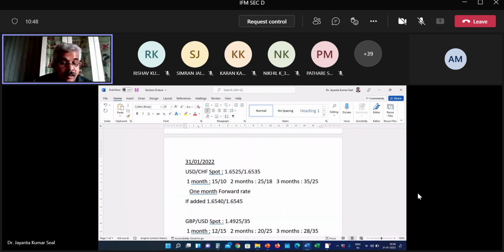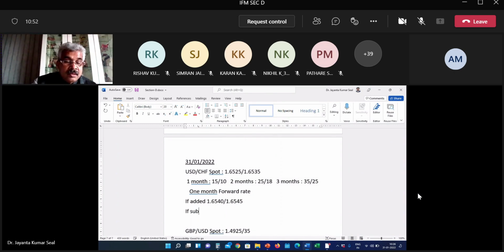Similarly, if subtracted, from 25 you deduct 15, so it will be 1.6510, and for 35 you deduct 10, 1.6525.